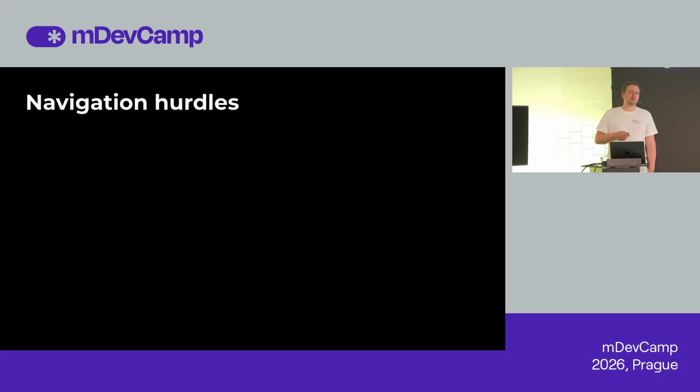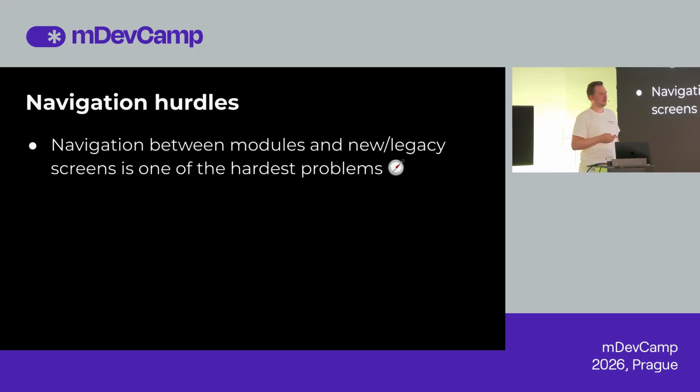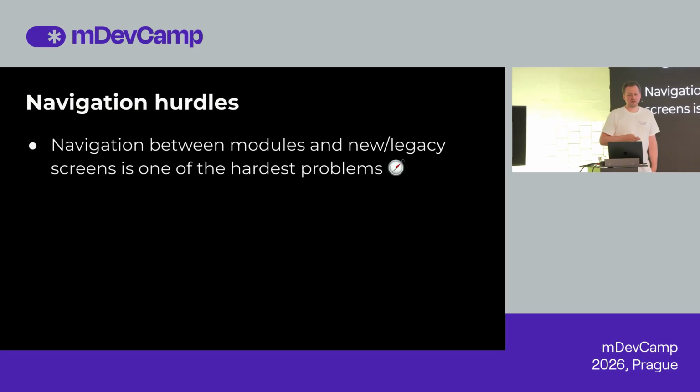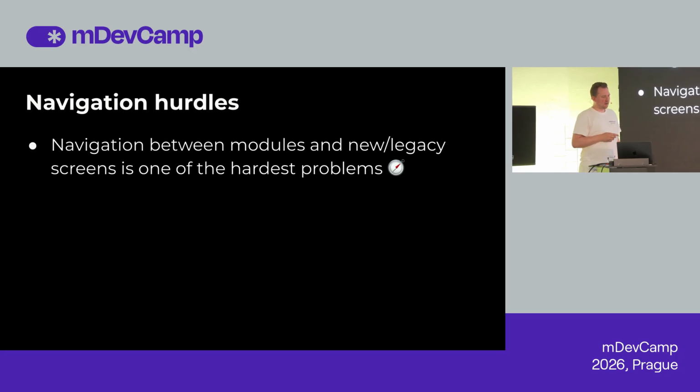One thing I want to talk about a bit is navigation. It's one of the hardest problems, I think, in refactoring, and I had a lot of headaches about navigation in many projects, if you are mixing the old screens and the new screens.